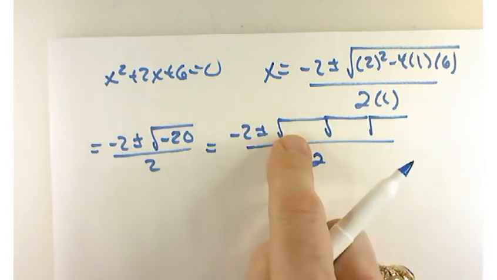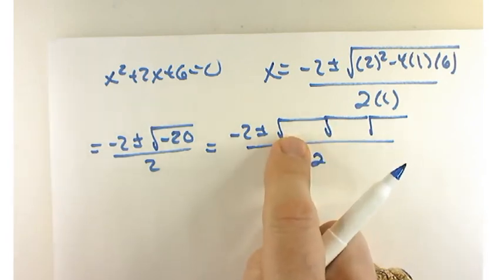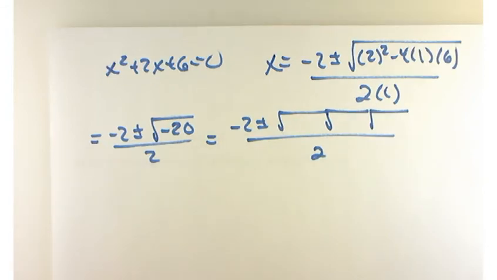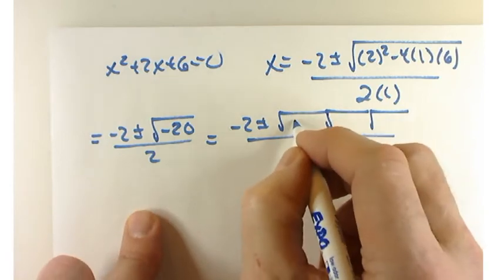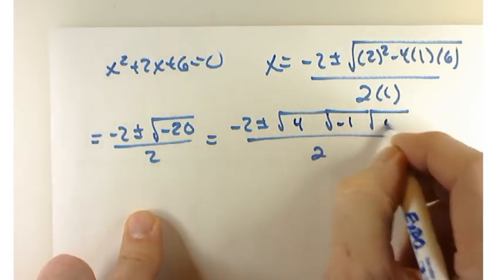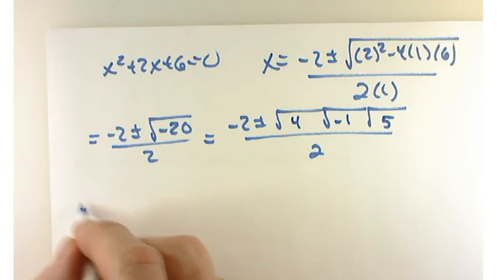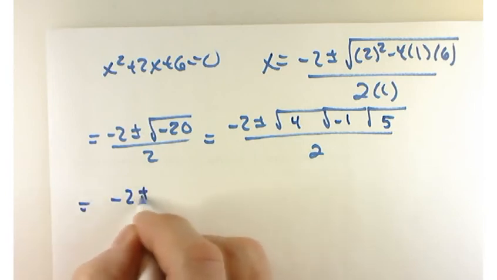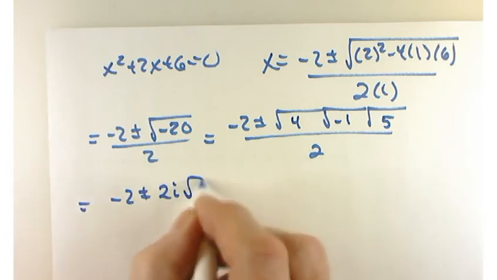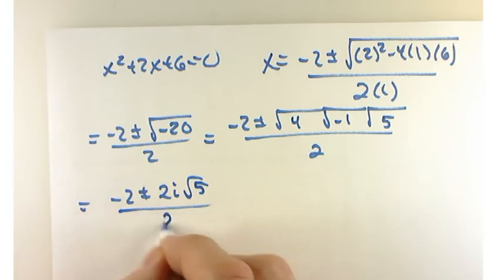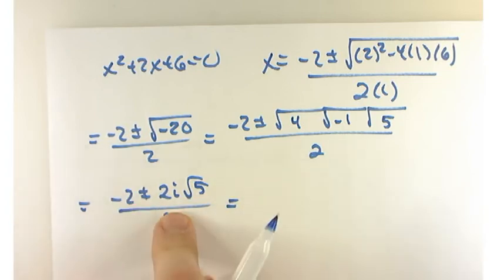Let's split up -20 into 3 roots. What would they be? Perfect. 4, -1, and 5. -2 plus or minus 2i square roots of 5. Don't just cancel this 2 and this 2 or this one and this one.